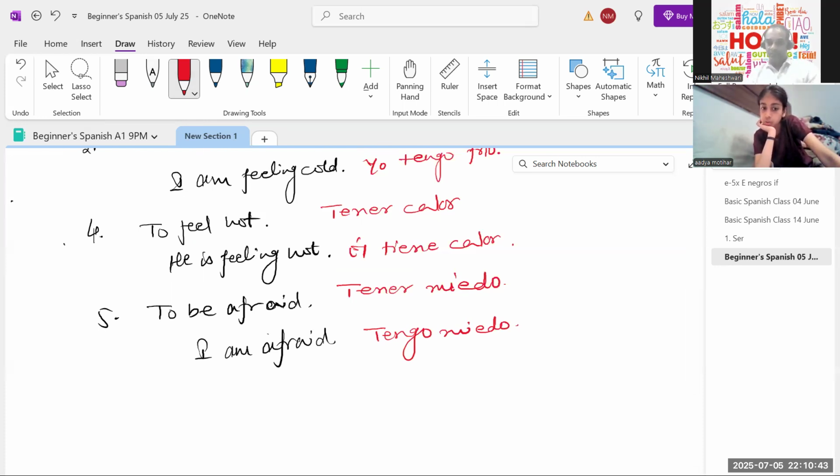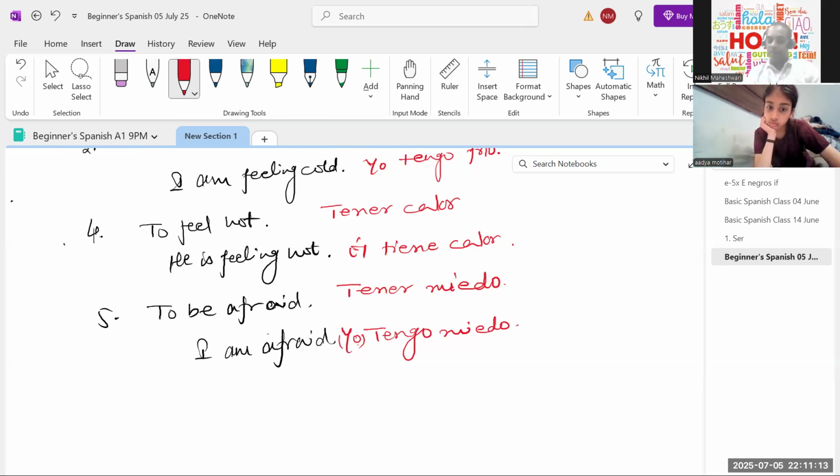I would say yo tengo miedo, but in Spanish, I can drop the personal pronoun. The reason behind that is that when I use a conjugated form of the verb, it tells itself which person it has been used for.